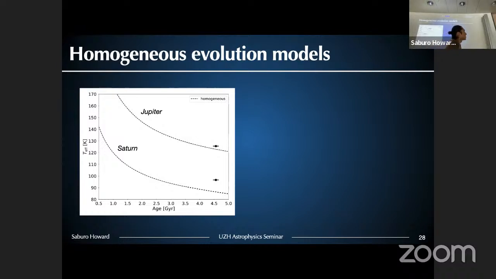So this figure shows you the effective temperature as a function of age, and the two black dots represent the measured effective temperatures of those planets, which correspond to the measured luminosities of the planets. And if one runs some basic homogeneous evolution models, and by homogeneous, I mean that the composition remains constant over time, well, this is what one will obtain with those black dashed lines. And you can see that there is a discrepancy between the predicted effective temperatures of those models and the ones measured.